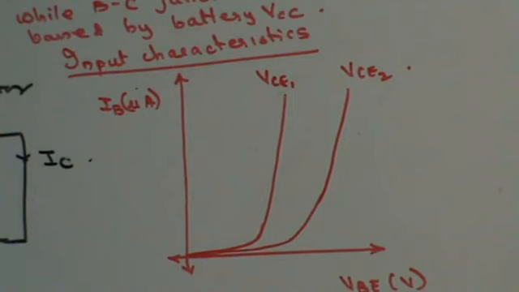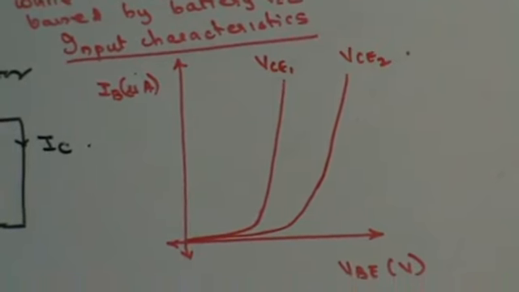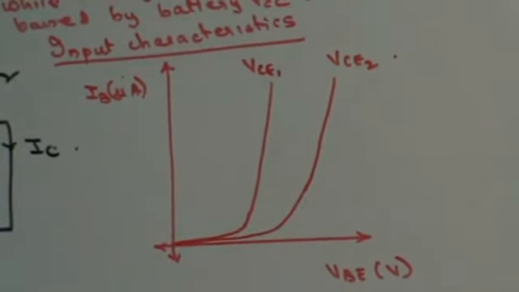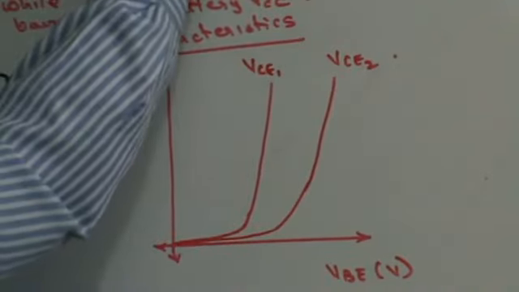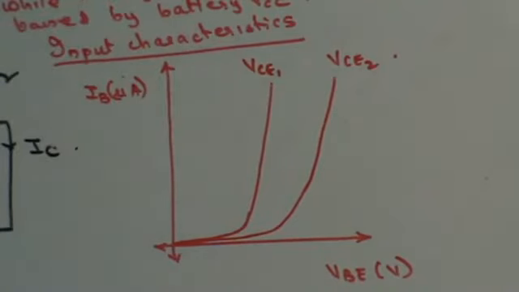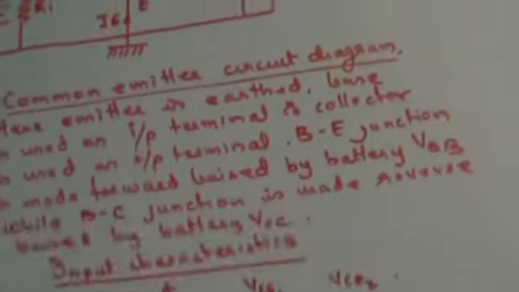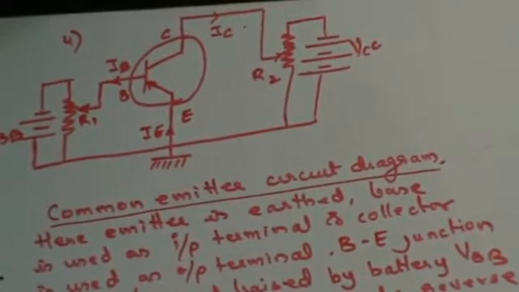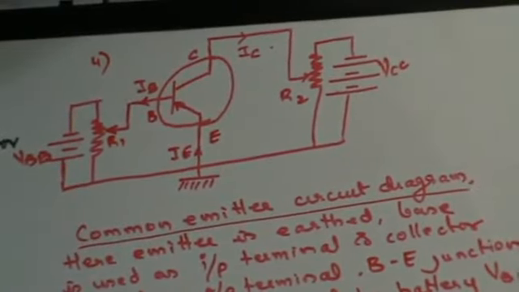Now, for plotting the input characteristics, the voltage on the output side is kept constant. That means the collector emitter voltage is adjusted with the help of the potentiometer and is kept constant. Sorry, the base emitter voltage is varied with the help of the potential divider R1. We call this R1 and we call this R2. So I can vary the base emitter voltage with the help of the rheostat R1, right? And you would get a graph.